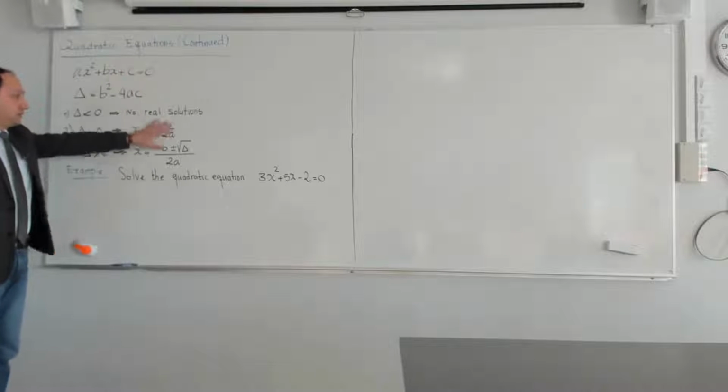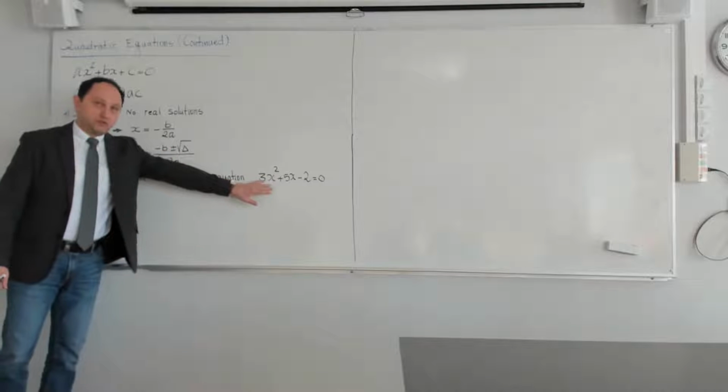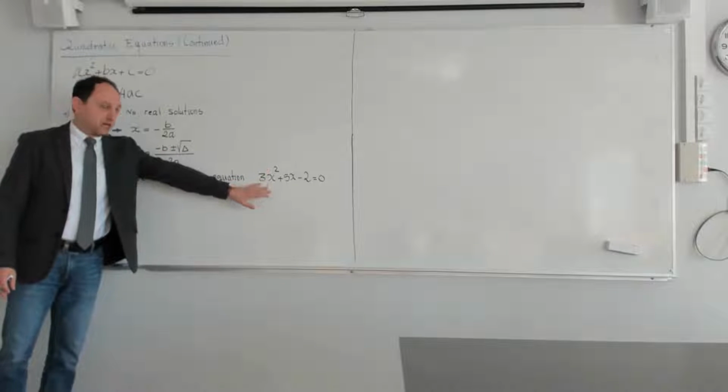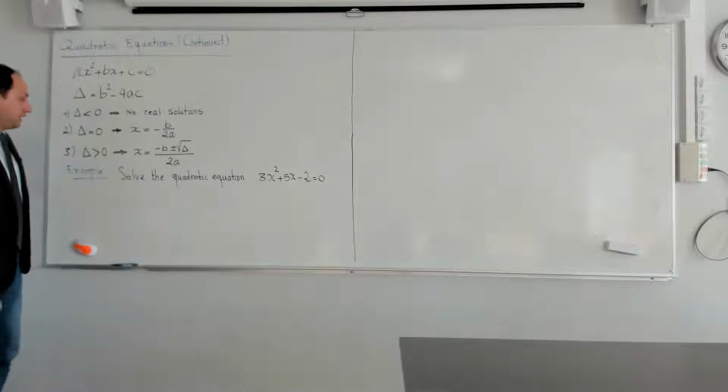I want to use what is on the board and solve this equation for you, which is of course a very simple task. I hope that every one of you can do that.